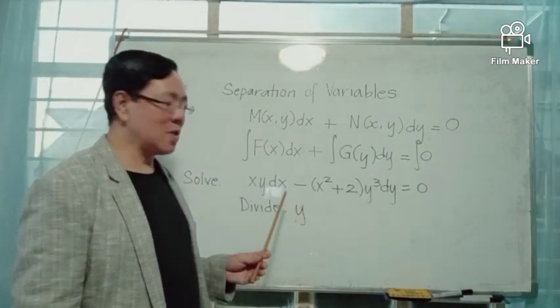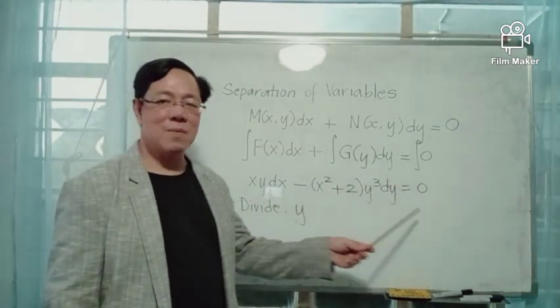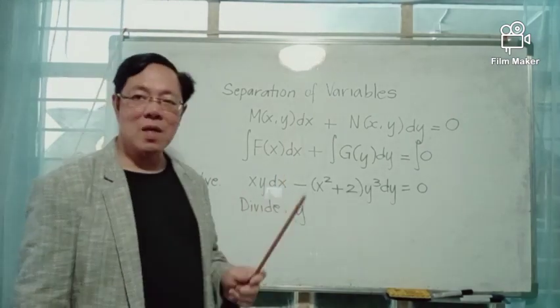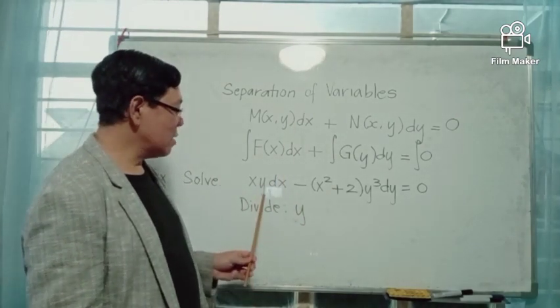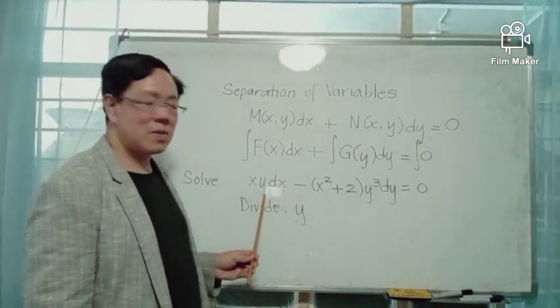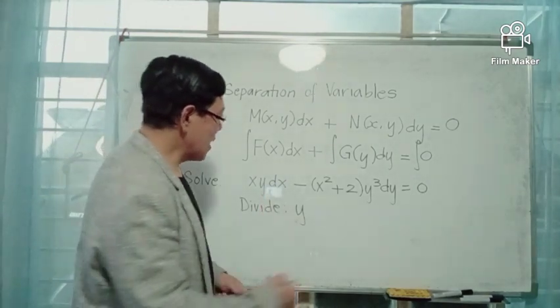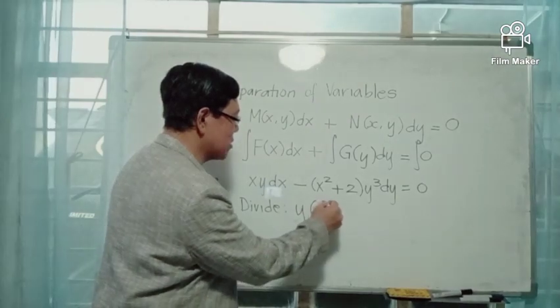But we also have to divide the first term and the right-hand side by x squared plus 2. Thus, we divide the whole equation by the product of y. To remove y from the coefficient of dx, multiply by x squared plus 2.